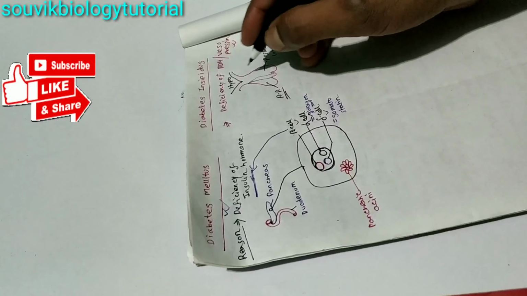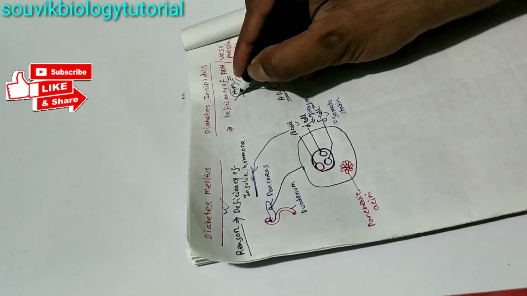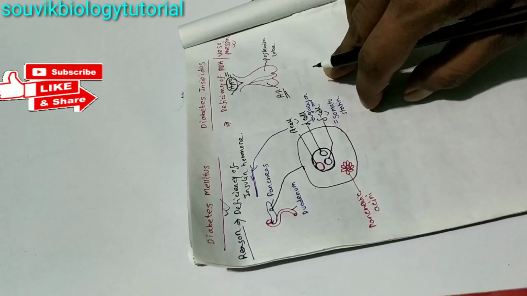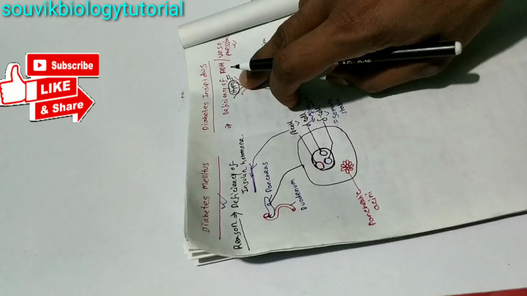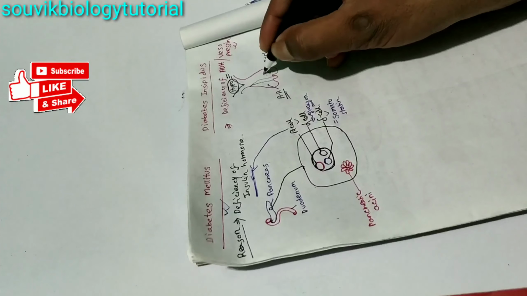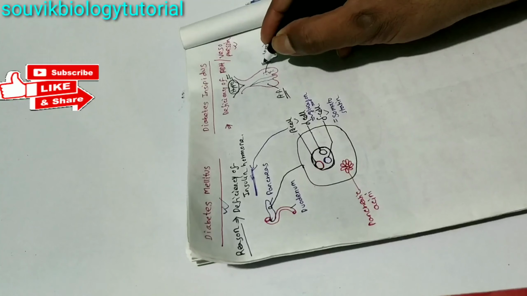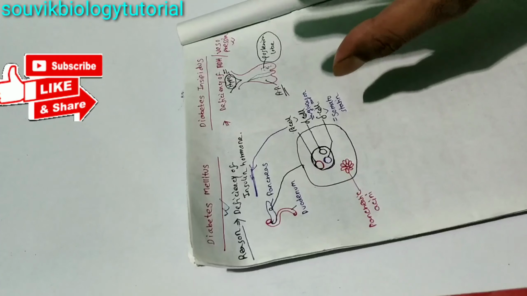Now this ADH is synthesized in the hypothalamus, okay? This ADH is synthesized in the hypothalamus, stored in the posterior pituitary, and released also from this posterior lobe of the pituitary. Now clear?